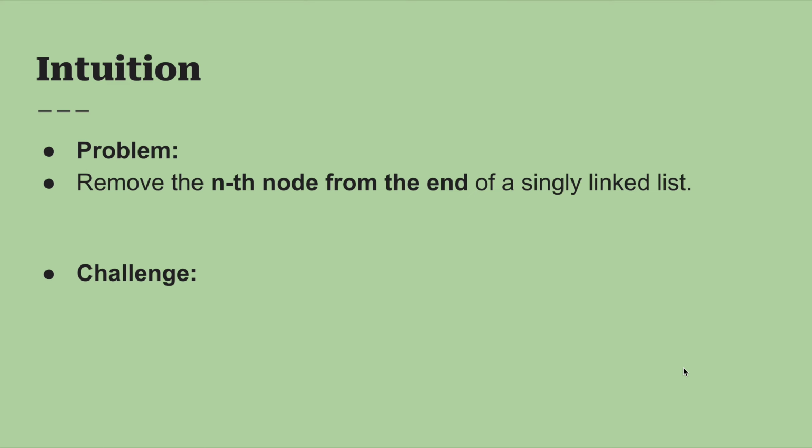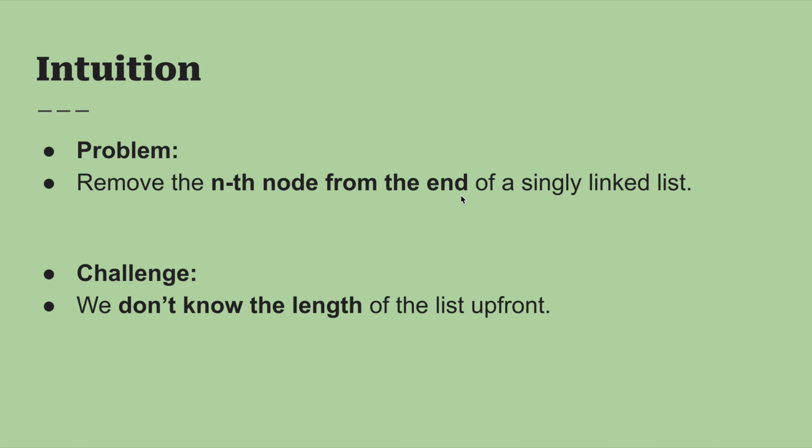We are given the singly linked list, and they are asking us to remove the nth node from the end. In the singly linked list, there is only one challenge: we don't know the length of the list upfront.